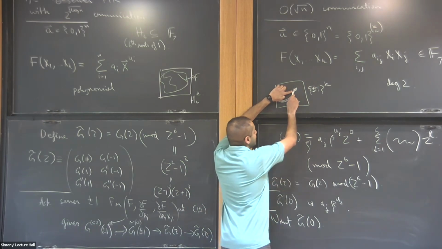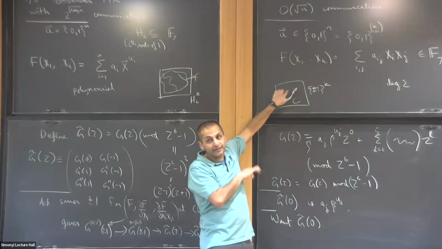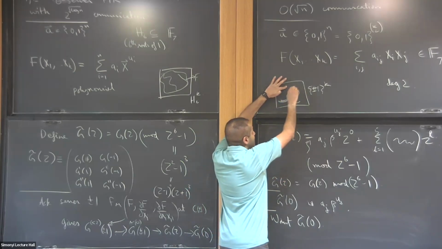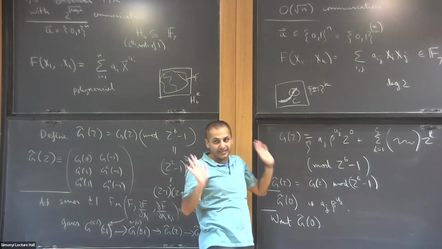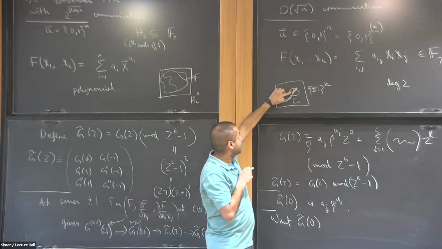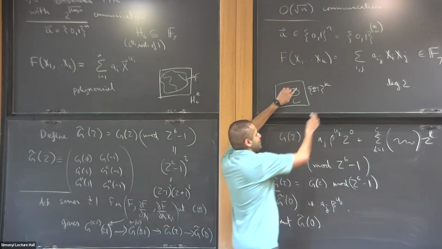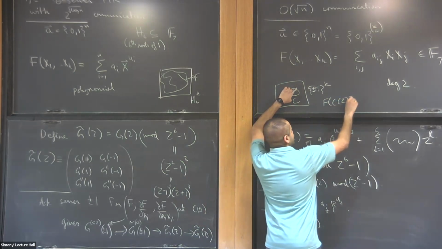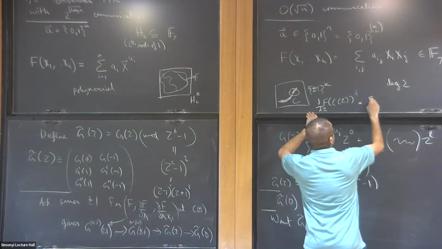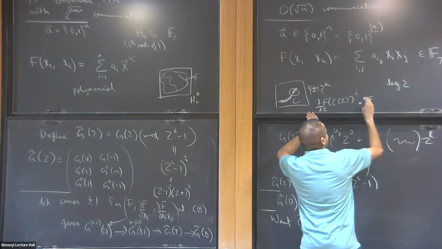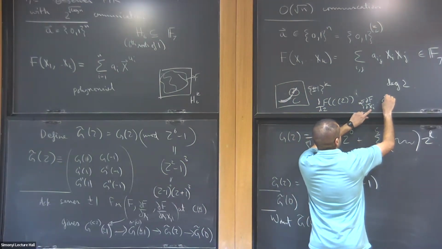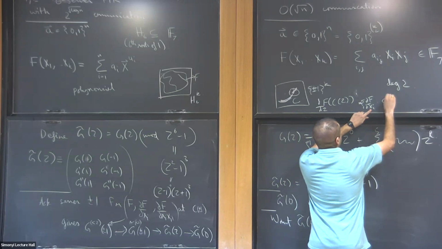If I reveal to the server that it's this direction that I'm interested in, it tells the server about the curve, and that's too much. So I don't want to reveal that to the server. I have to ask the server at this point to give me all directional derivatives. That is harmless information. And from that, I recover F of C of Z. This is the chain rule: the prime of this is d by dz of this, which is the sum over all i of dou F by dou xi, the gradient, times C i prime.